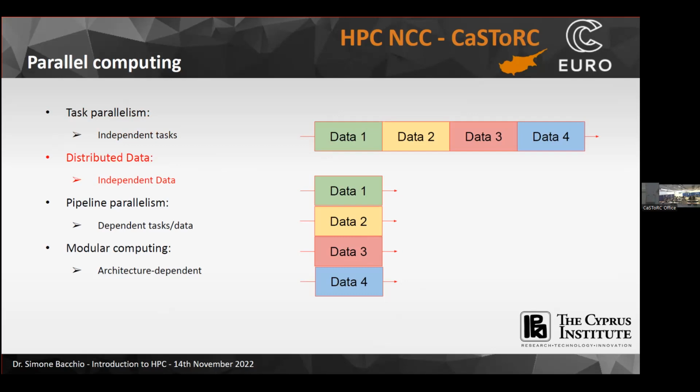Data parallelism is what you are actually already doing on a GPU, for instance, where you are not processing a big bunch of data serially, but in parallel. So instead of processing, let's say, an array of thousands of elements all together, you give hundreds to each process.